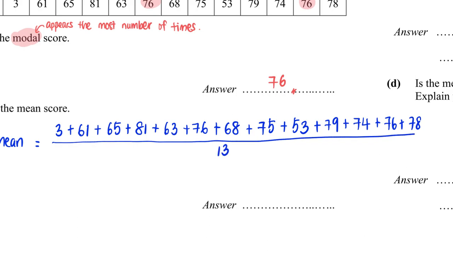Yes, 13. Then we will get the mean. So in this case, it will be equal to 65.538 to about 5 significant figures. Final answer to 3 significant figures: 65.5.